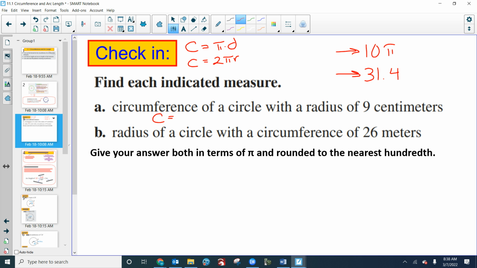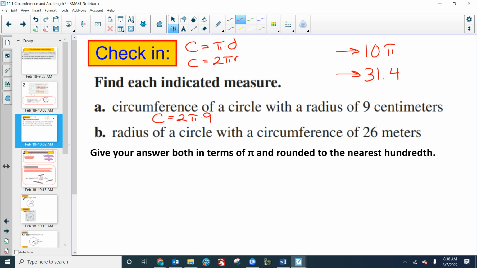We kind of separate the 2 and the r because we put the numbers out front. 2 and pi are numbers. And the radius could be a variable, but in this case, we're told the radius is 9 centimeters. So for this circle, 2 times pi times 9. Give your answer both in terms of pi and rounded to the nearest hundredth.